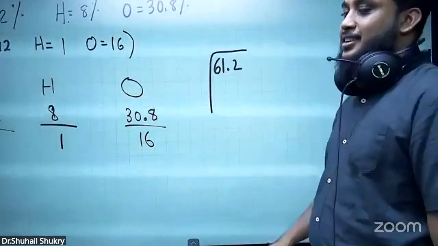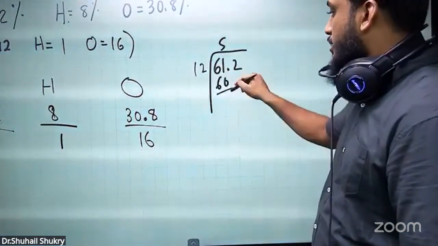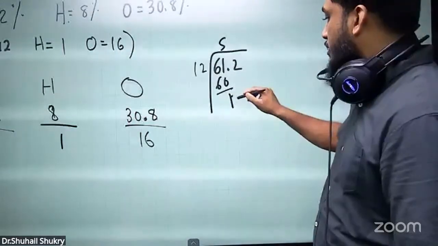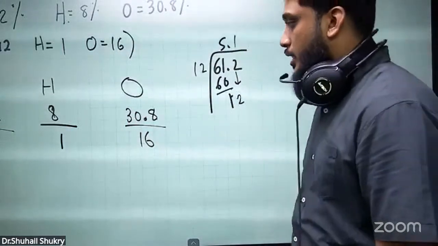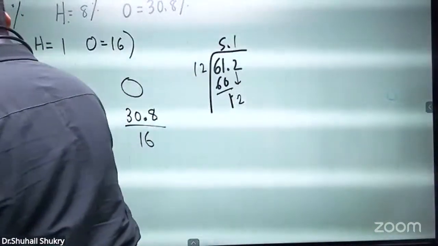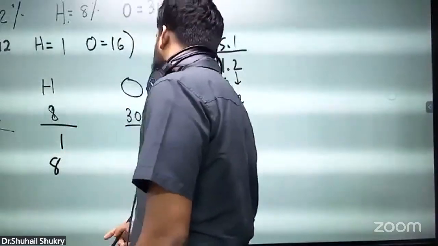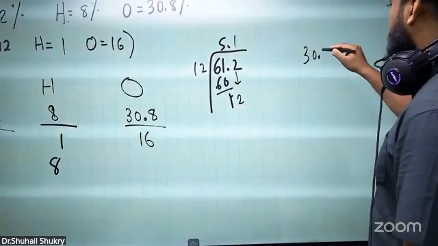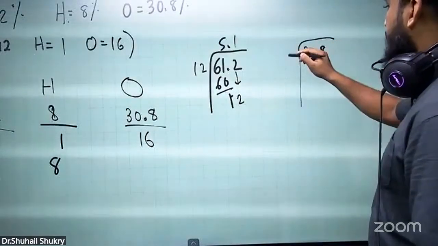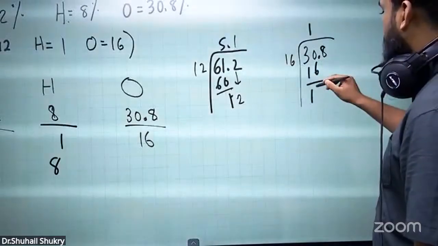Divide by 12. There are 5... 60 by 12 is 5, then bring the 2 down, and you get 5.1. Hydrogen: 8 divided by 1 is 8. Oxygen: 30.8 divided by 16. 16 into 30 is 1, remainder 14.